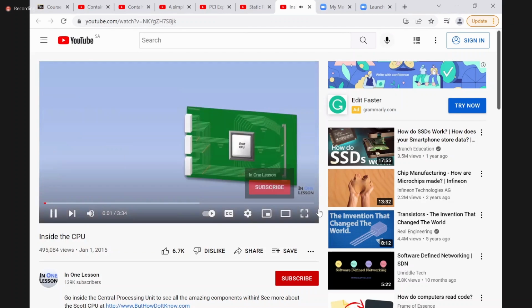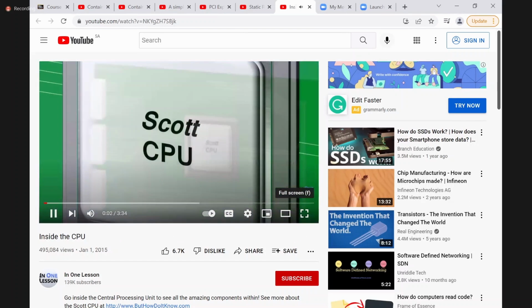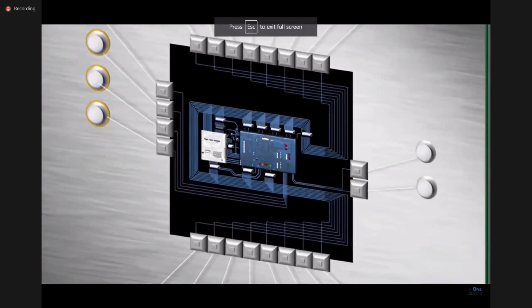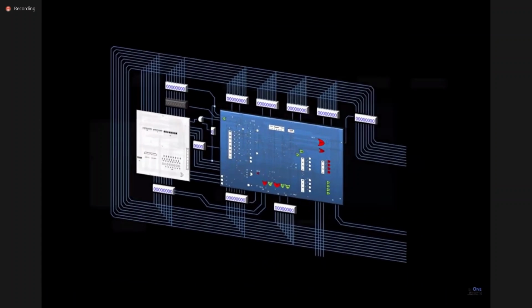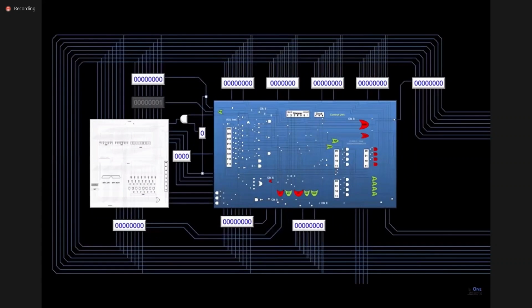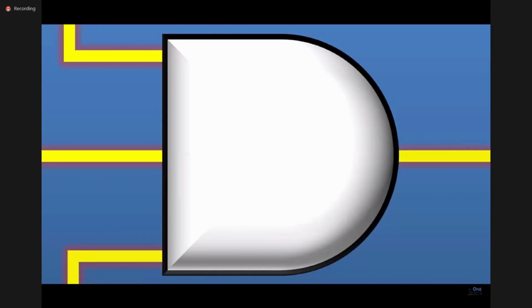Every computer has a central processing unit, and inside every CPU are small components that carry out all the instructions for every program you run. These components include AND gates, which only allow electricity to flow to their output wire if all their input wires are on. The AND gates use tiny transistors to control the flow of electricity to the output wire.